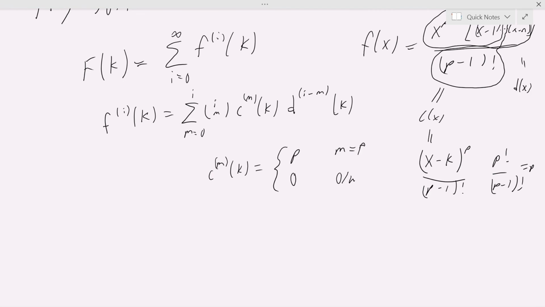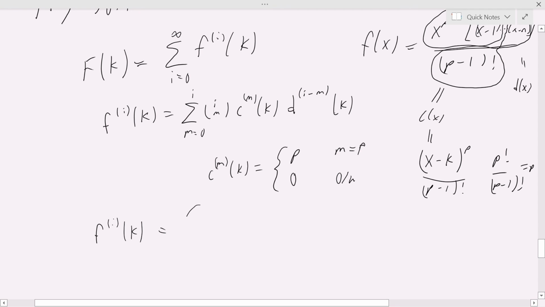So with this simplification, when you want to compute the ith derivative of the f function evaluated at k, one of two things is going to happen. In the case that the index i is less than p, then that also means that the index m is going to be less than p, because the index m is running from 0 to i. So you're just going to have 0, because you're summing a bunch of zeros together for a total sum of 0.